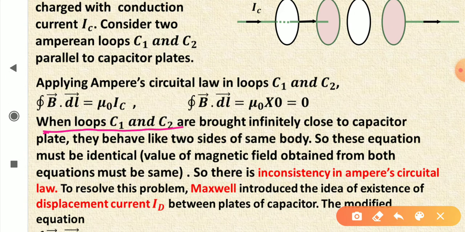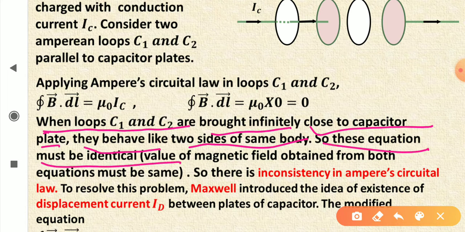When loops C1 and C2 are brought infinitely close to capacitor plates, they behave like two sides of same body. So these equations must be identical. That is, the value of magnetic field obtained from both equations must be same.